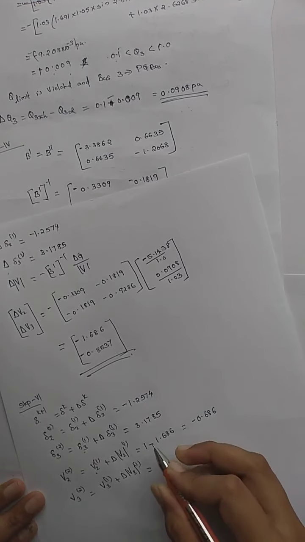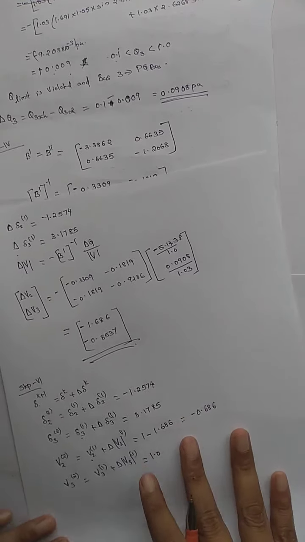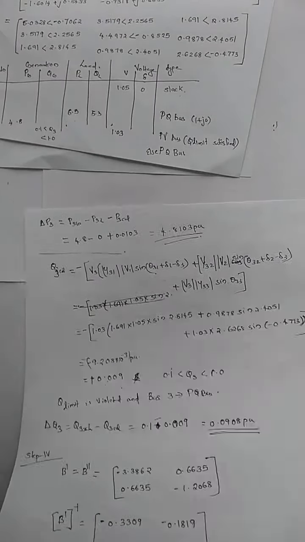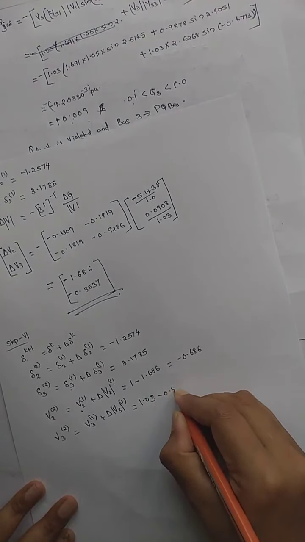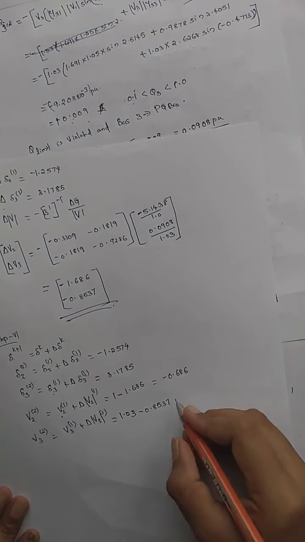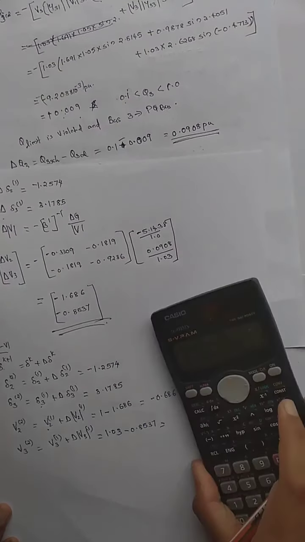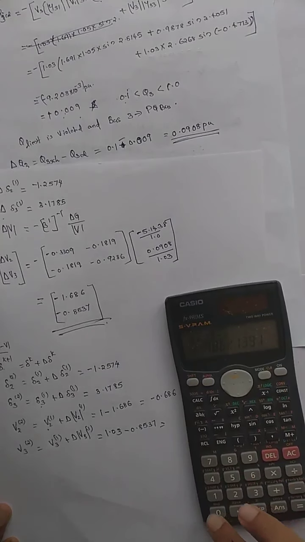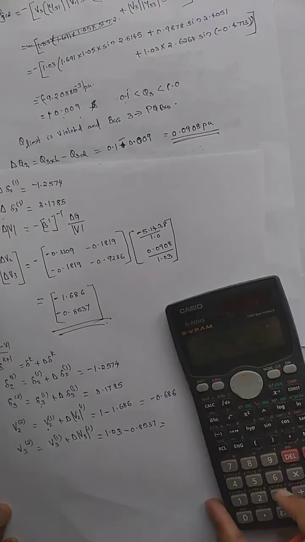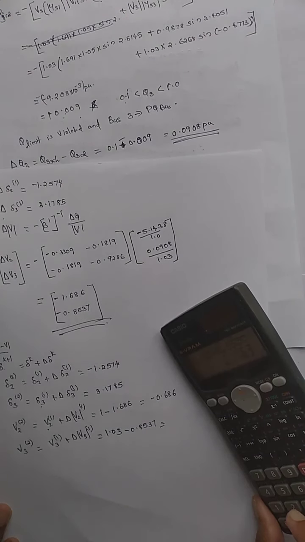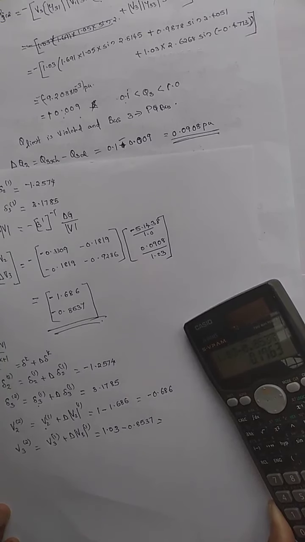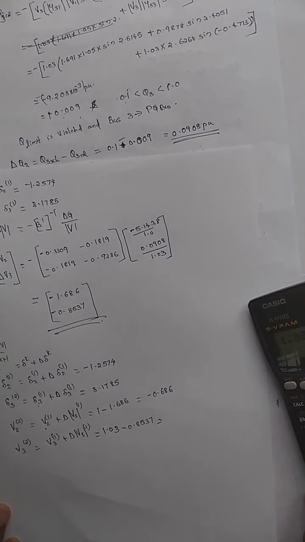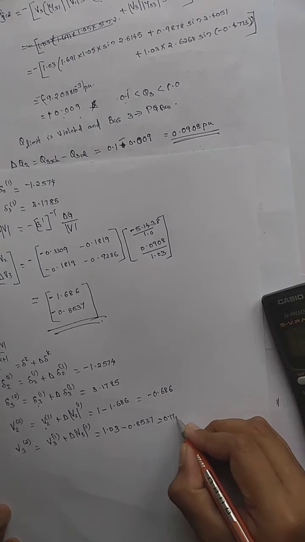V3 for the first iteration was 1.03, plus minus 0.8537, so 1.03 minus 0.8537 is 0.1763.